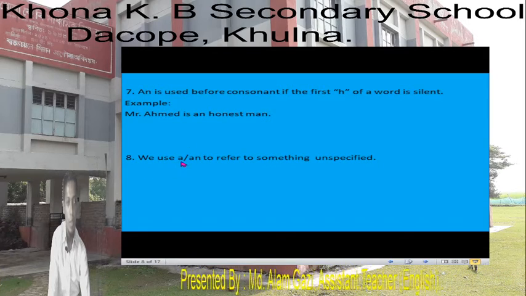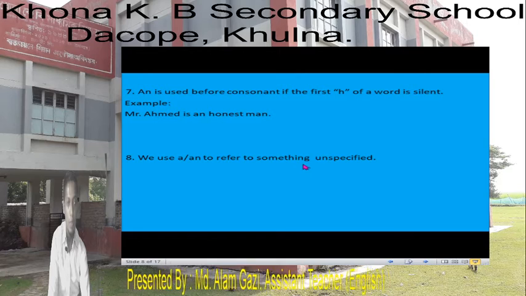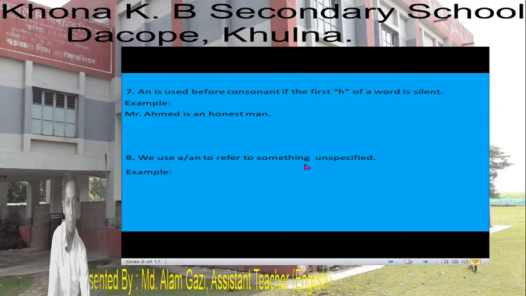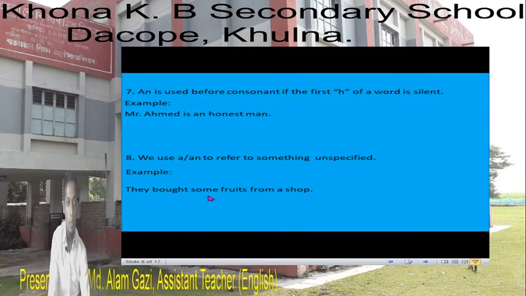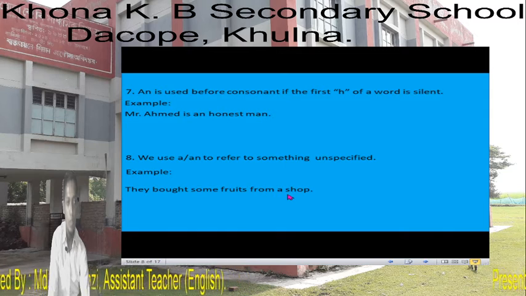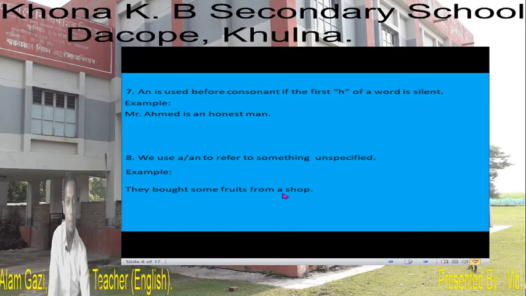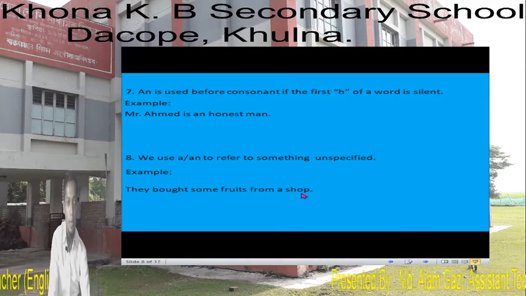We use a or an to refer to something unspecified. For example, they bought some fruits from a shop. Here we use a before shop.